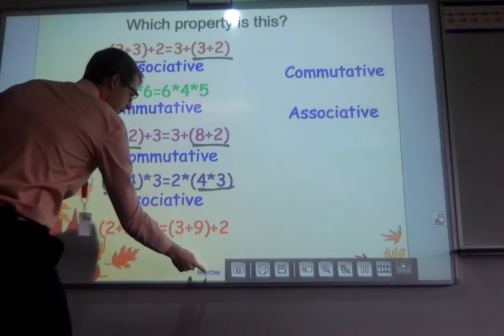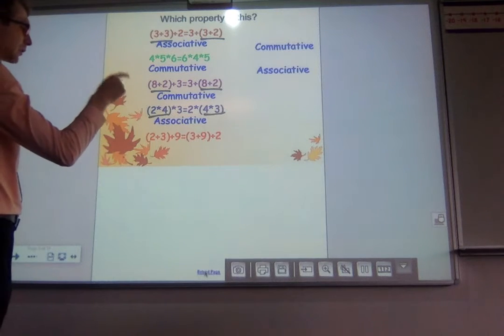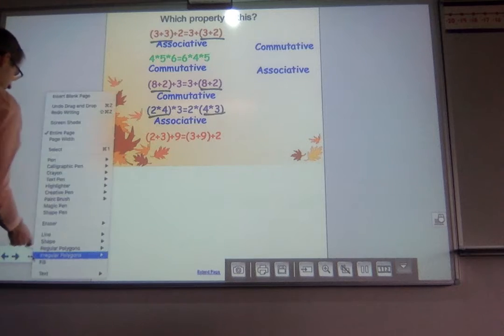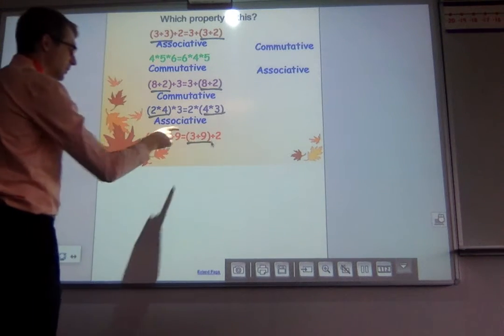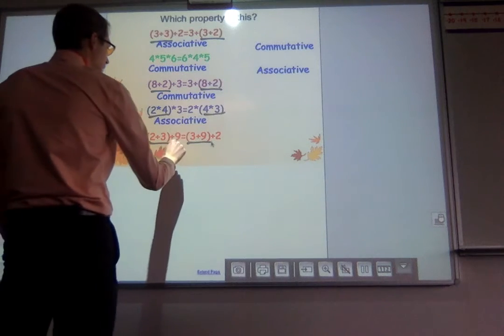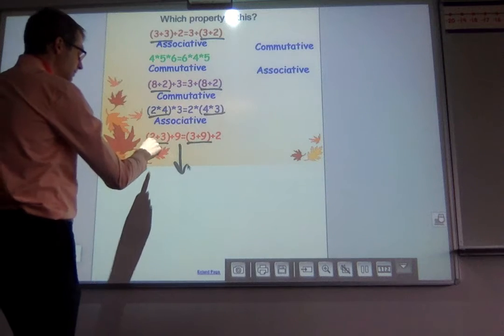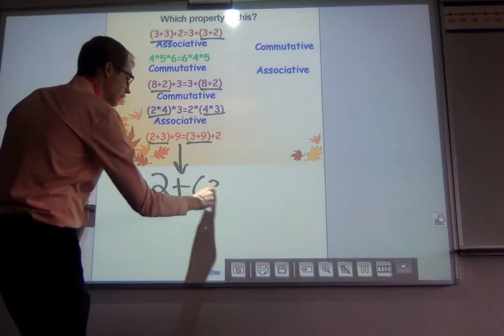And then lastly, looking at this final one, we have 2 plus 3 plus 9 equals 3 plus 9 plus 2. We can definitely say there has been a change in grouping, right? 2 plus 3 versus 3 plus 9. So let's apply the associative property to this left side. It's now 2 plus 3 plus 9, all grouped differently.